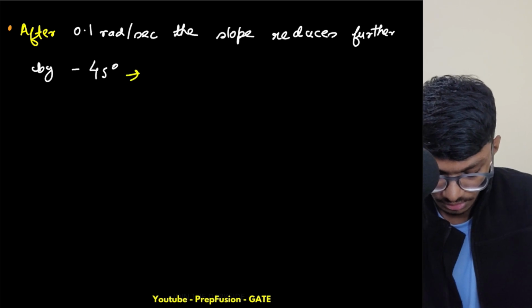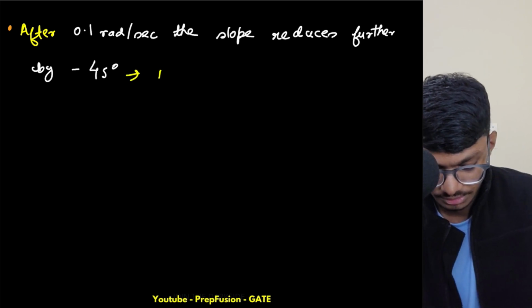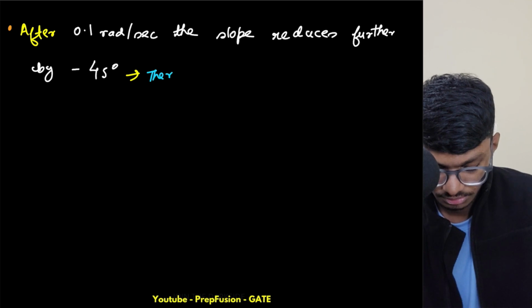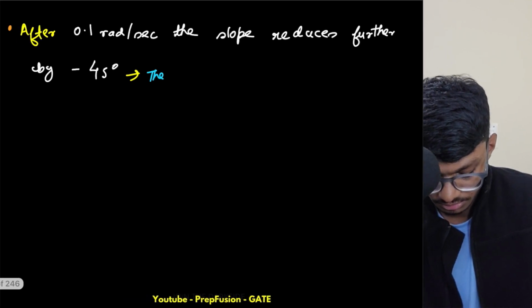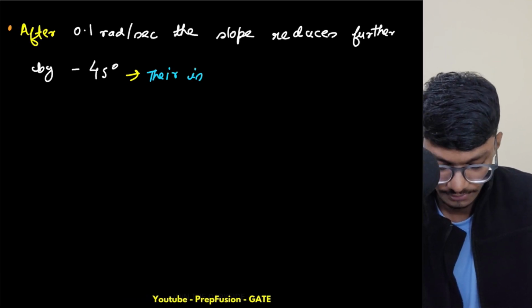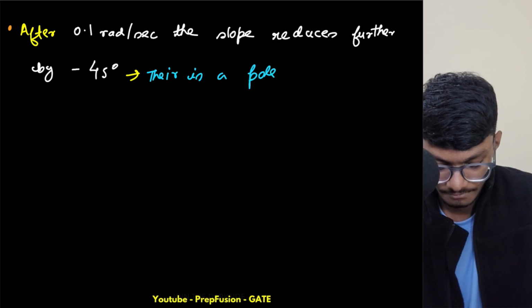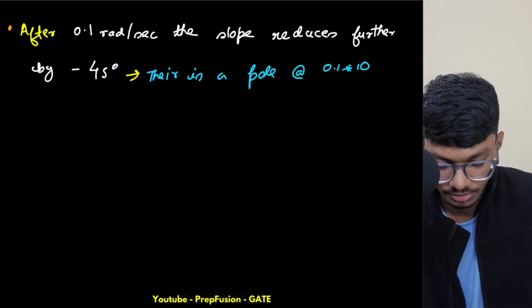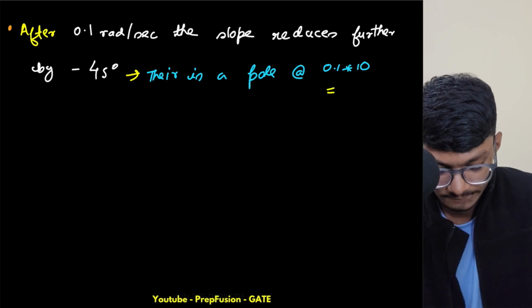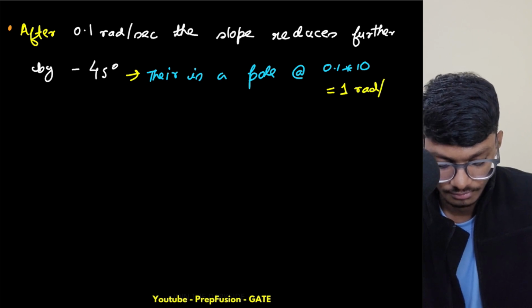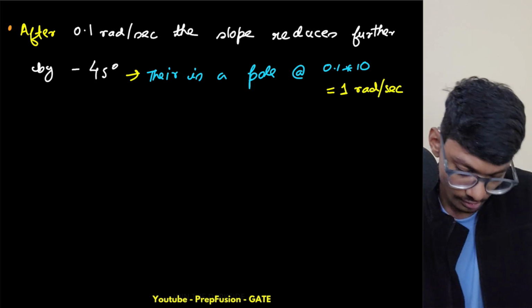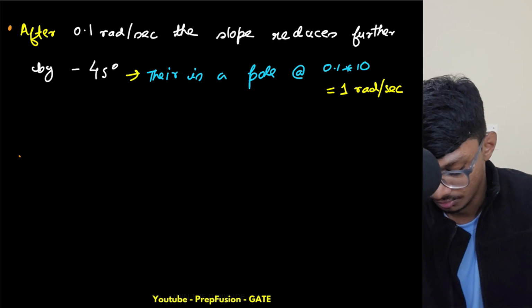That means there is a pole at 0.1 times 10, which is 1 radian per second. Okay.